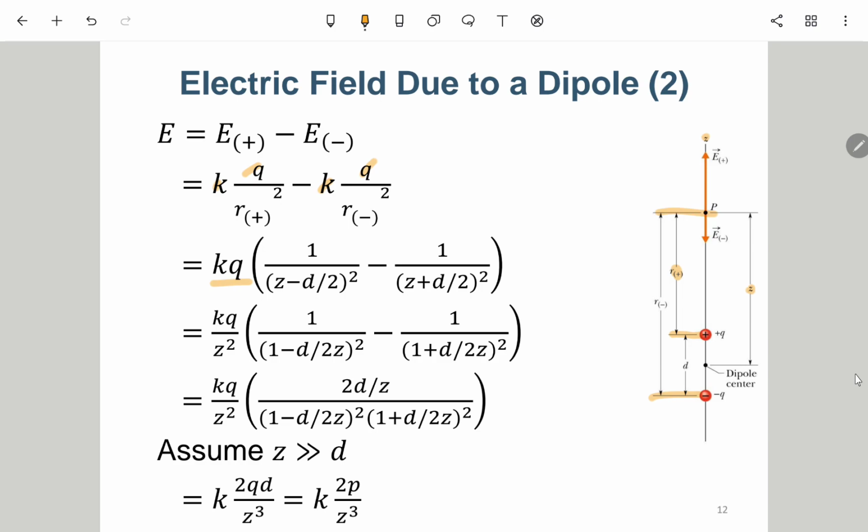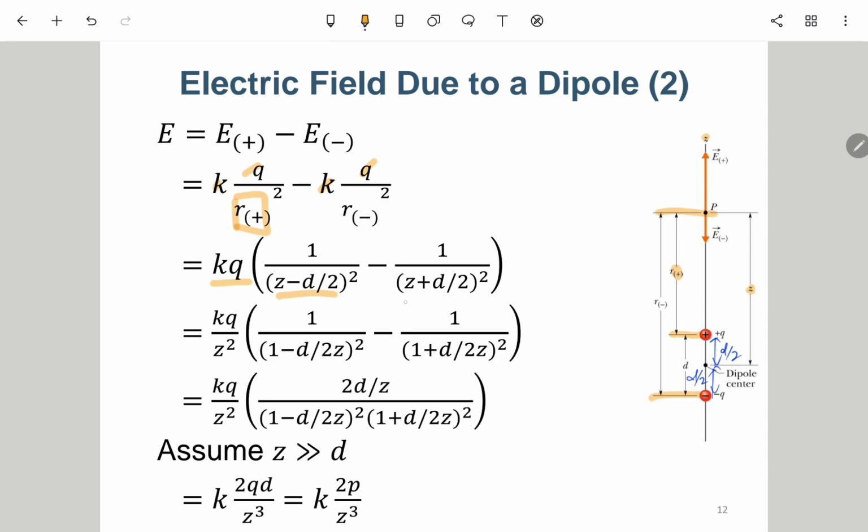We can see that r plus is z minus d over 2, because this part is d over 2. Similarly, r minus is z plus d over 2.